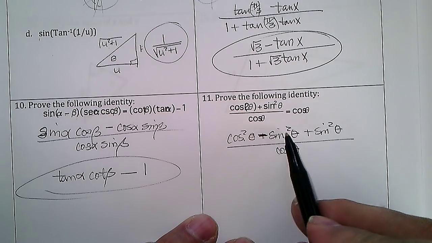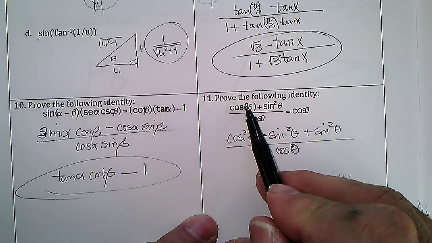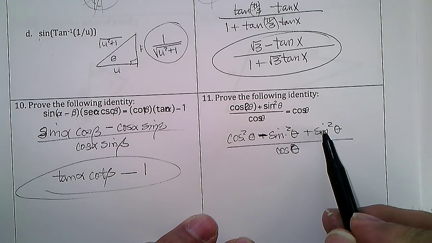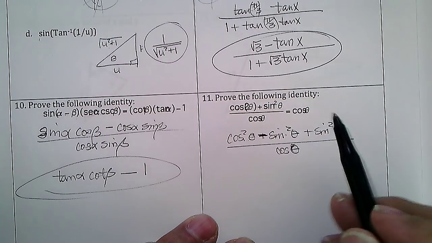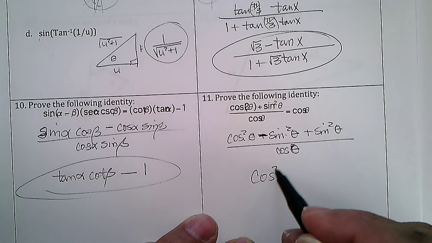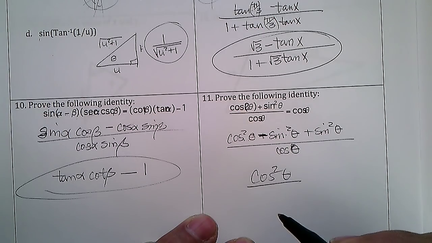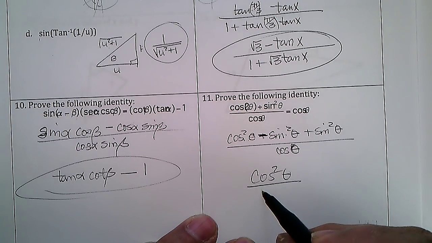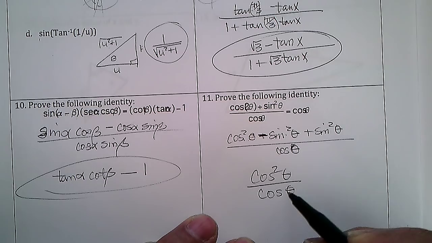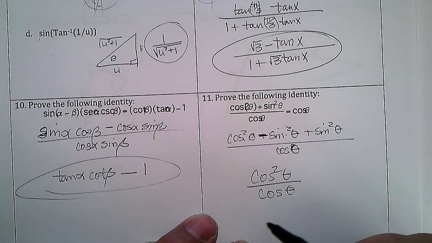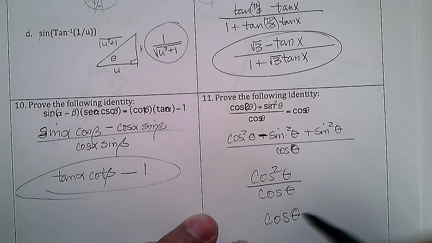Cosine squared minus sine squared is the cosine of 2 theta. So sine squared minus sine squared would be gone, and we'd be left with cosine squared theta over cosine theta. One of these would cancel, and I'd be left with cosine theta.